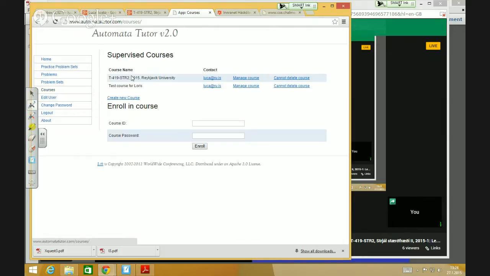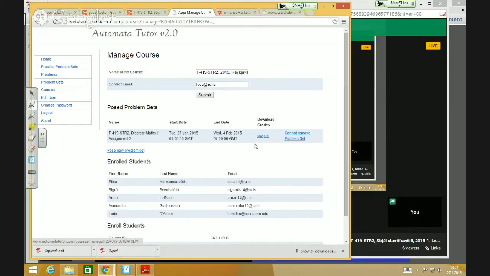There is a course called Discrete Mathematics, and I can manage the course. And there is an assignment here, which is already there. On the assignment description, you also have the login information, everything you need.